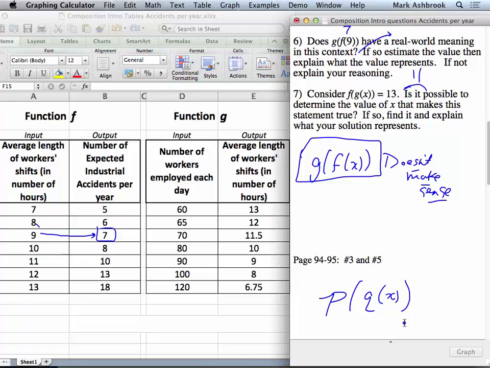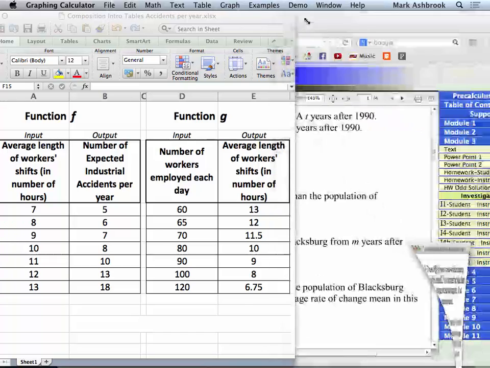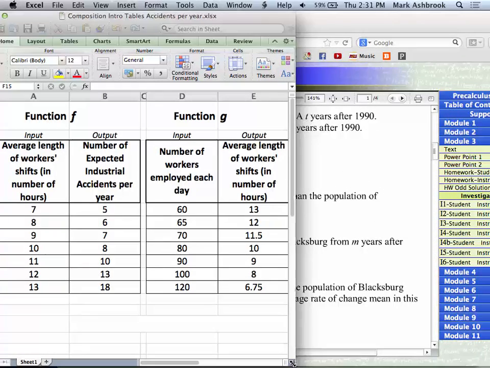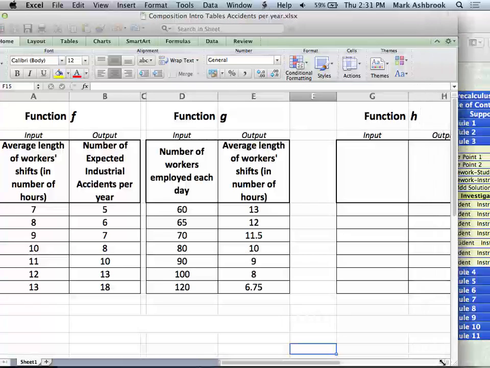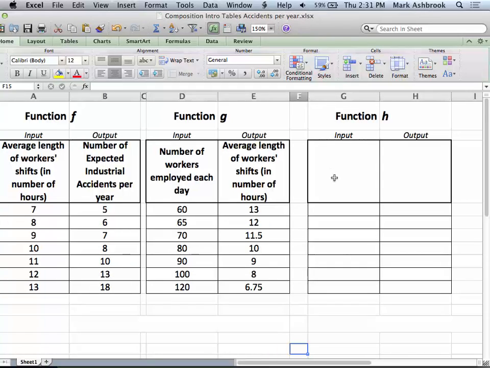Okay? So now, what I want you to do is make a new function h. That is the one-step version of what did we do before?